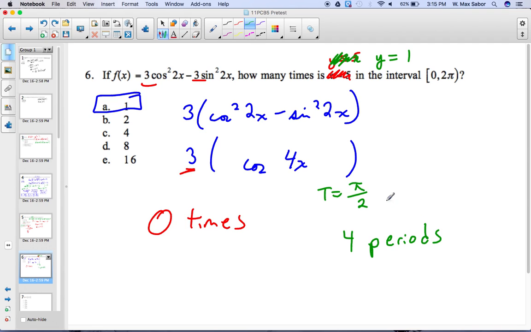And that looks like that, 2, 3, 4. When we asked the red question, that was asking how many times does it hit here? When we asked this green question, it's saying how many times is it here? 8 times. So that would be 8.